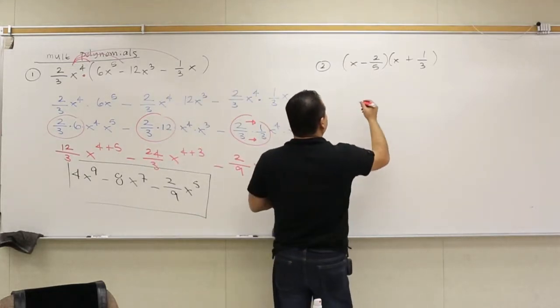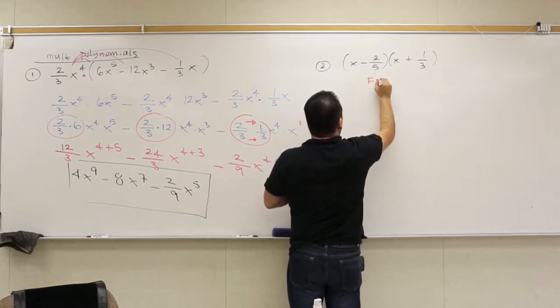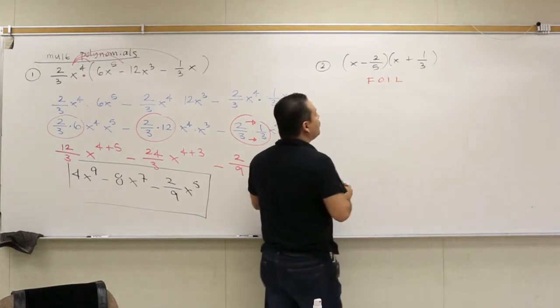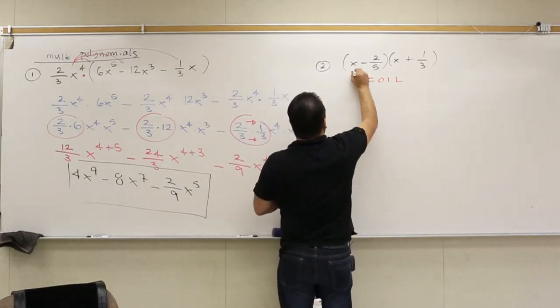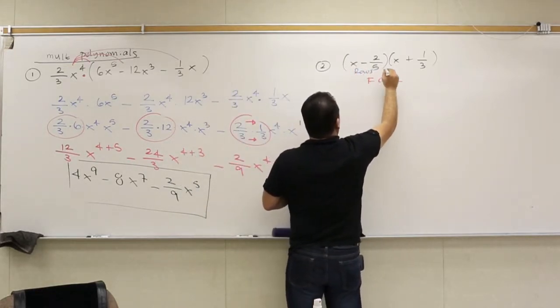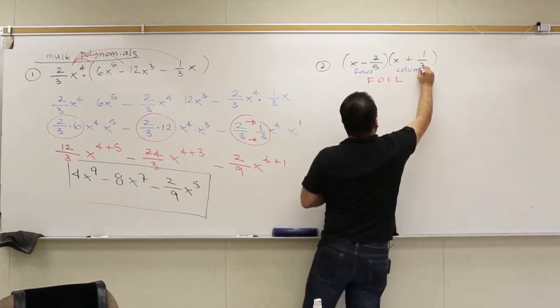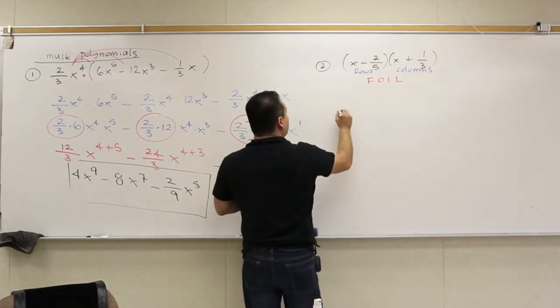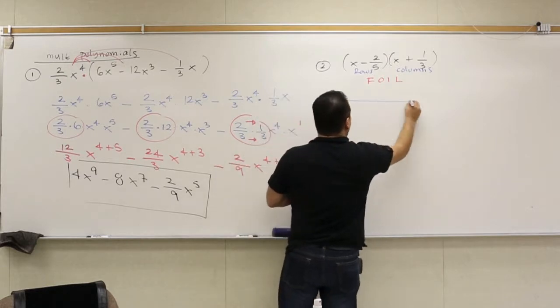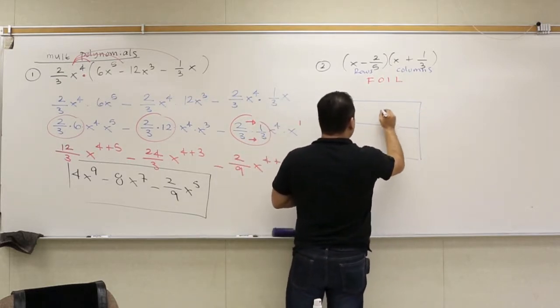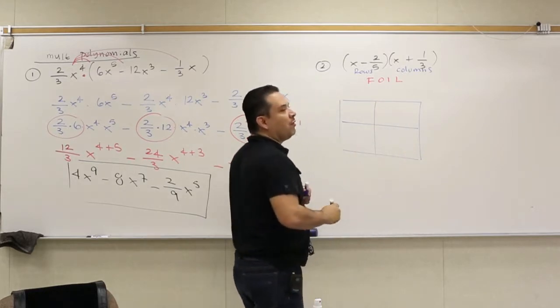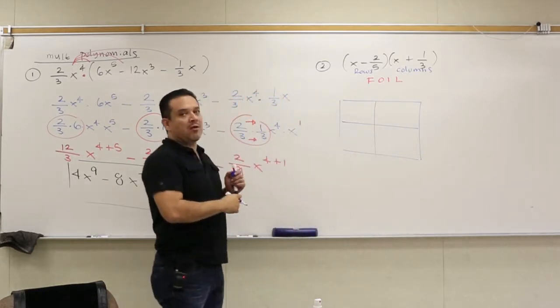So we learned about FOIL yesterday, and I drew a picture of FOIL for you. If we think of this as our rows and this as our columns, we have a nice picture of FOIL that I find very useful. Some people find it very useful. Of course, if you don't want to do this, that's okay. Do your line technique, as long as you get your answer right.